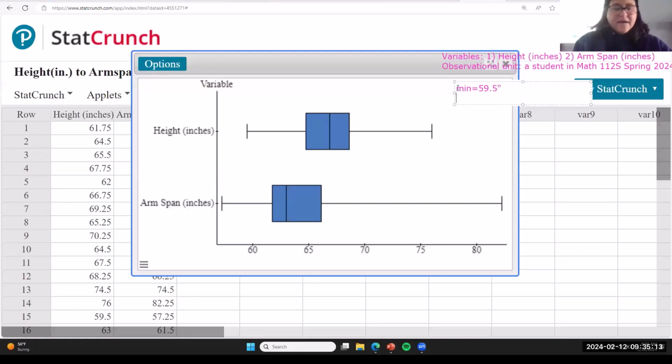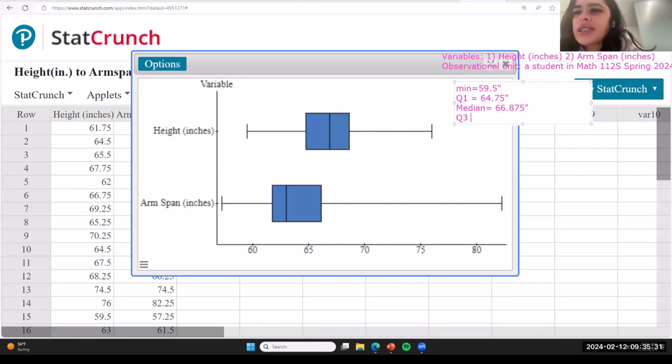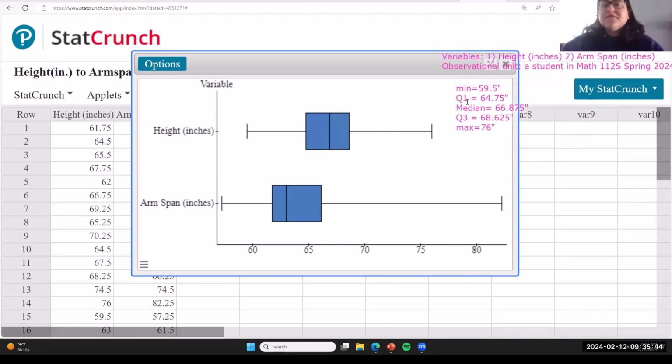And then the Q1 is going to be 64.75. Okay. And then we want to go down to the median, 66.875. Okay. And then Q3, yes, 68.625. And then our max is 76. Correct. Cool.